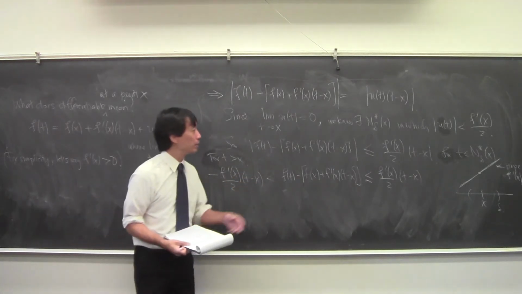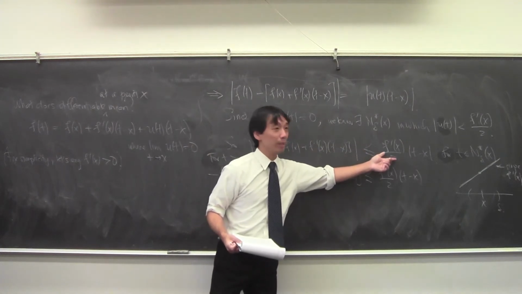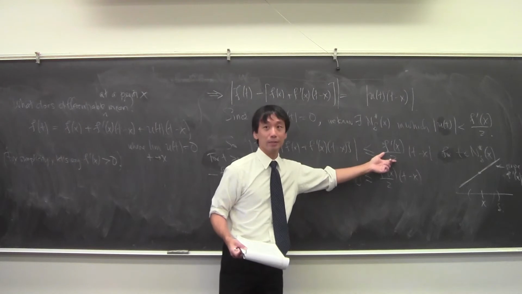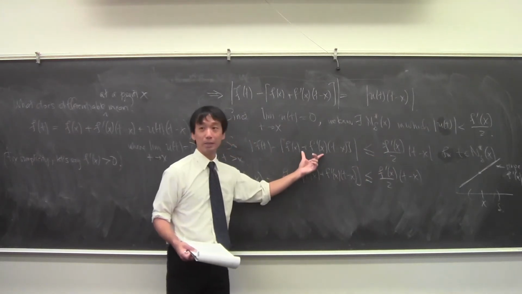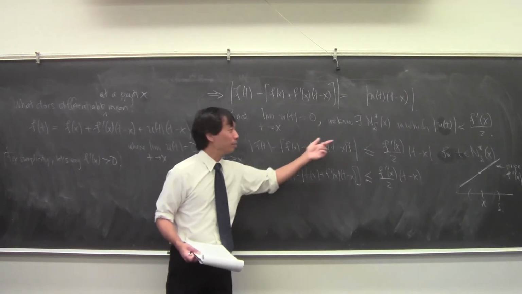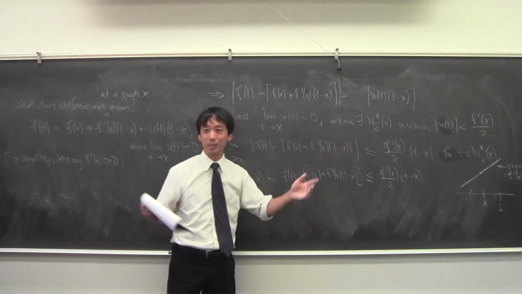Because this thing is controlled by this thing here. The absolute value of this is smaller than this. That means that this thing lies between that and negative that.